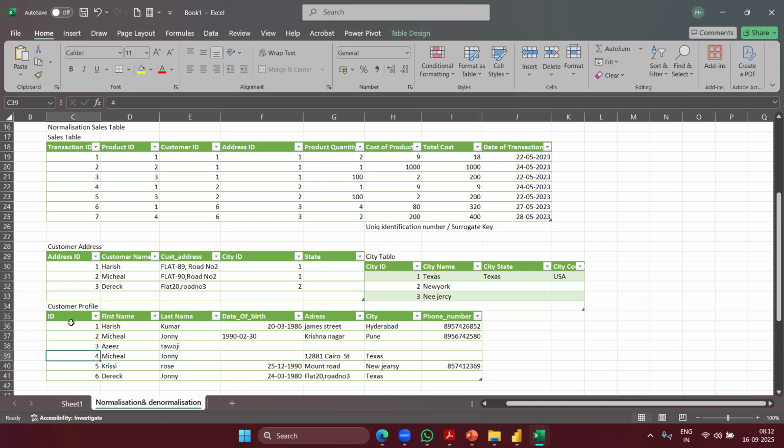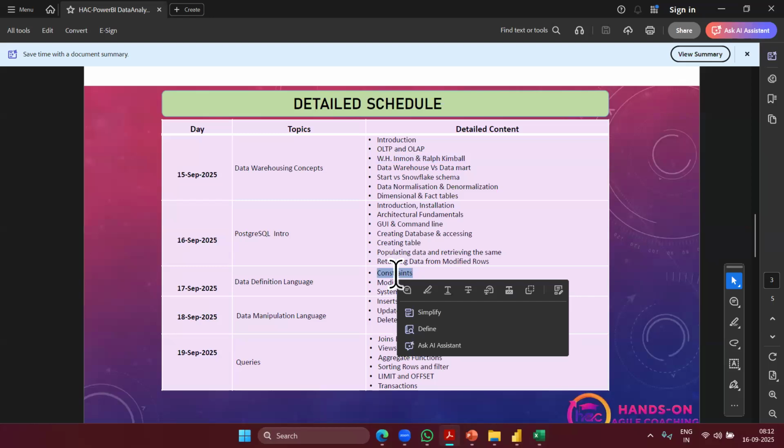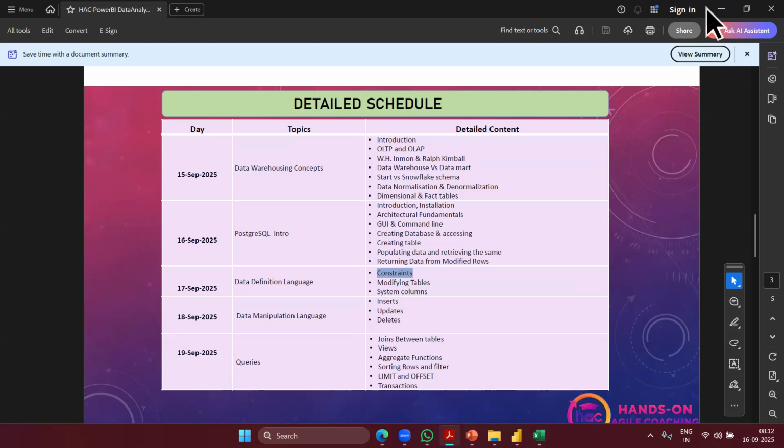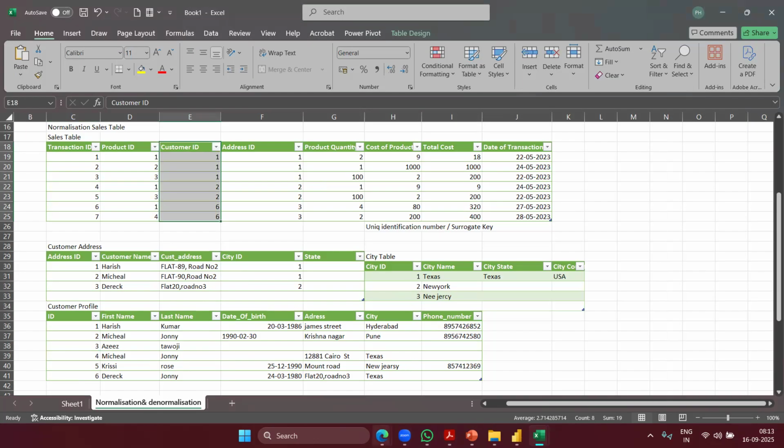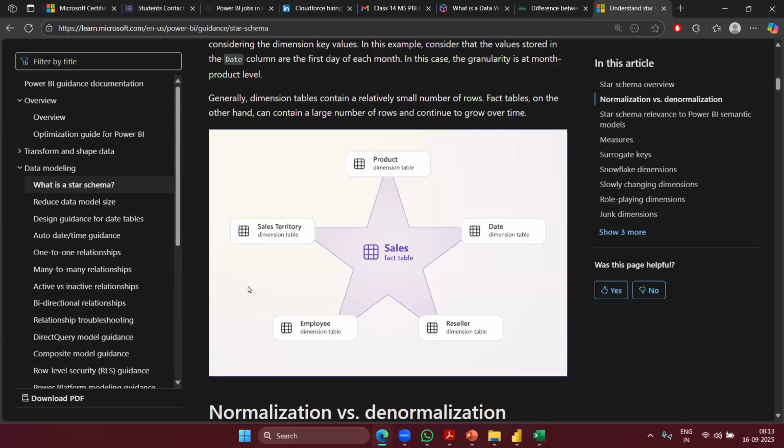And if this primary key is used as a reference in the fact table, then we call it a foreign key. We are going to learn more about the primary key and foreign key in the constraints. But for now, you have an understanding of how the tables are organized in a normalized form.